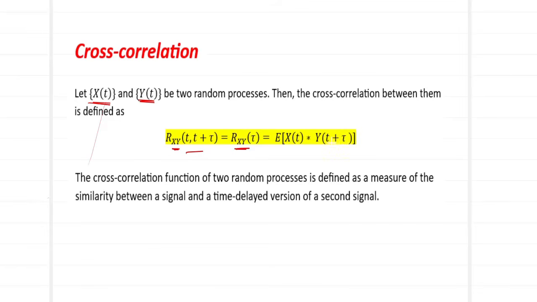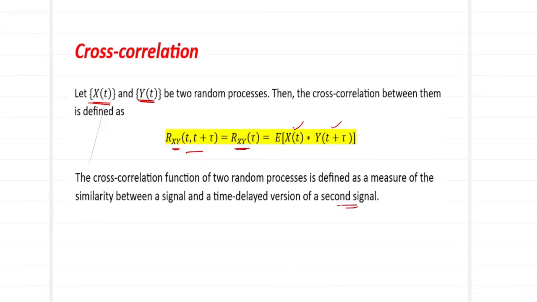So in the autocorrelation, we had both of them come from the same random process called x of t. But in cross correlation, they are going to come from two different processes. So what does this cross correlation actually measure? It is going to measure the similarity between a signal and a time delayed version of a second signal.